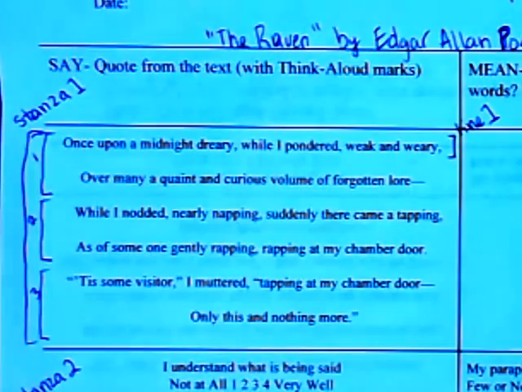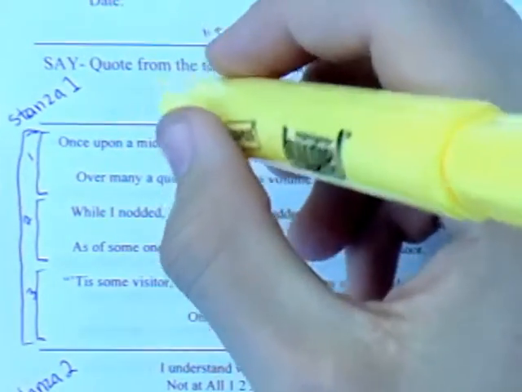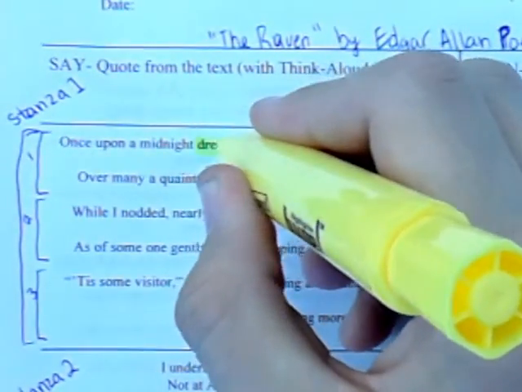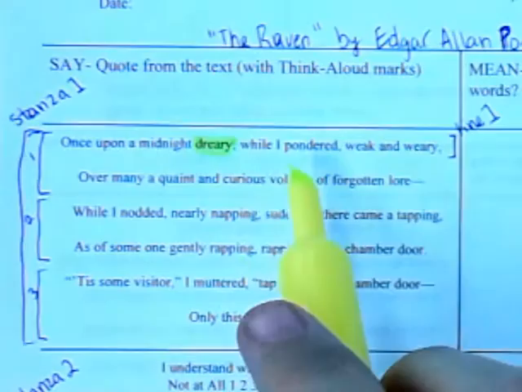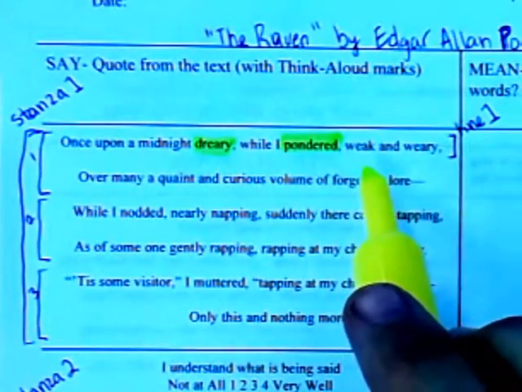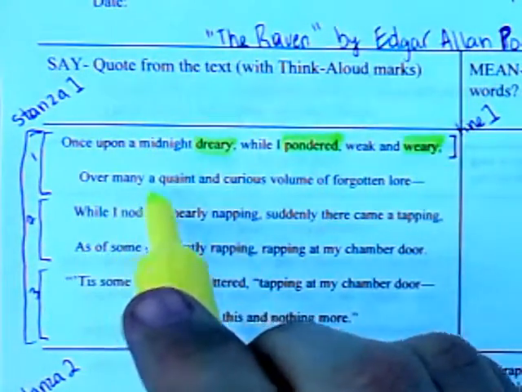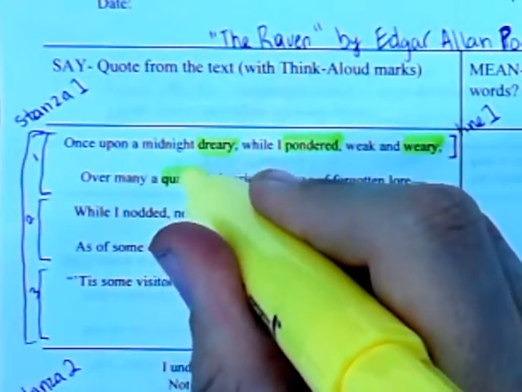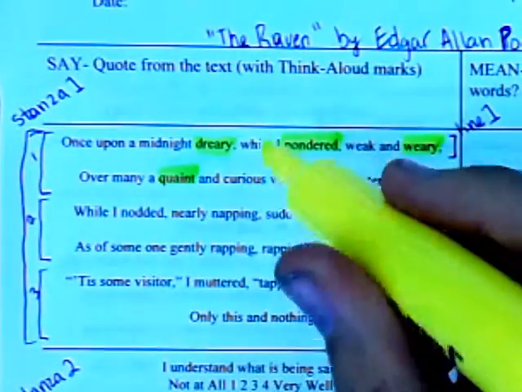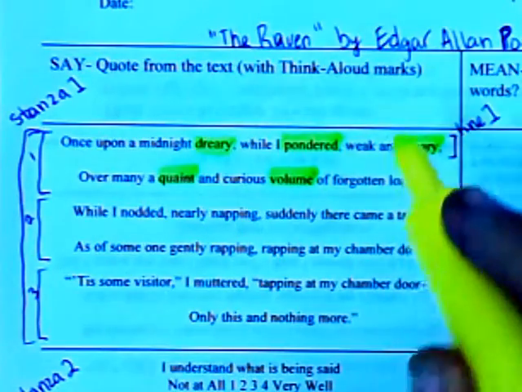Once upon a midnight dreary, while I pondered, weak and weary, over many a quaint and curious volume of forgotten lore.